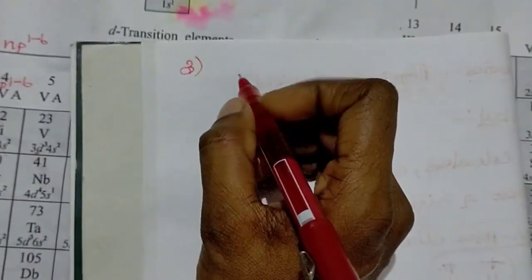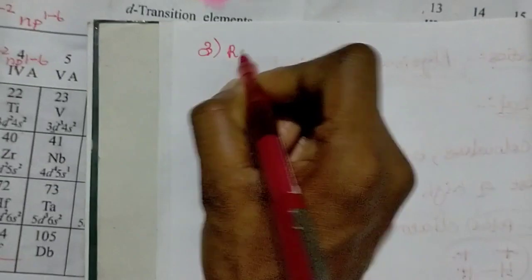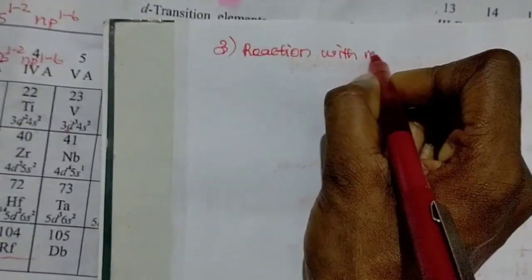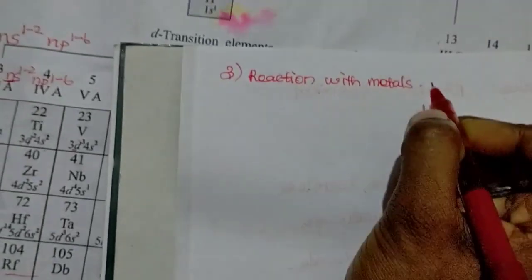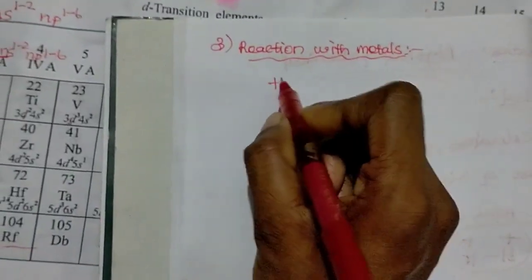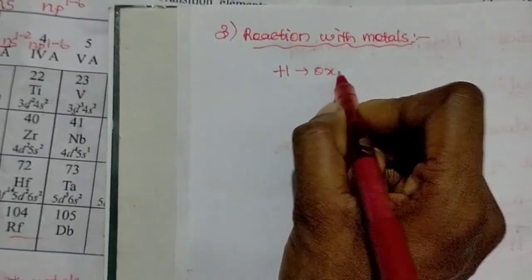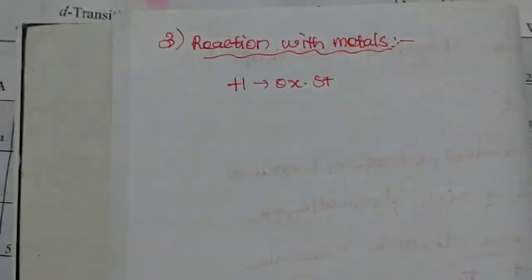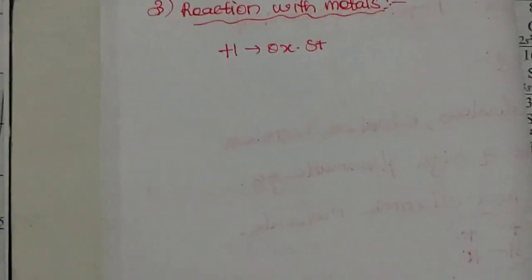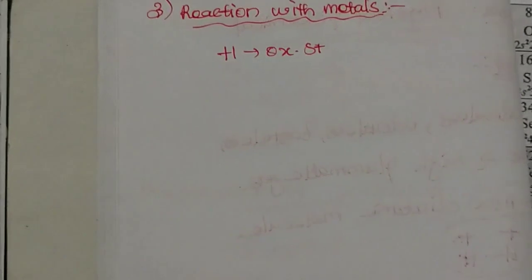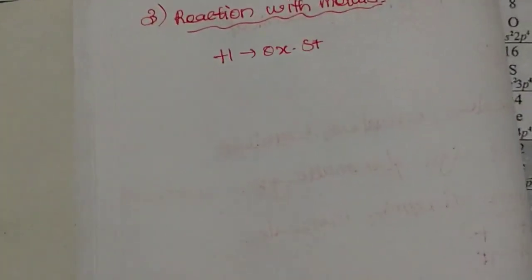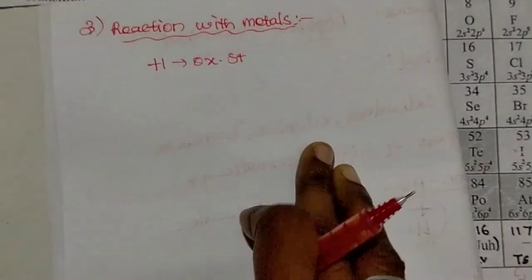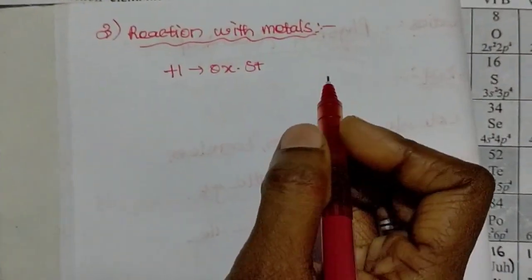Third chemical property of hydrogen is reaction with metals. The oxidation state of hydrogen is generally +1. But it has the tendency to react with reactive metals like sodium, lithium, calcium, and it can produce hydrides of these reactive metals.